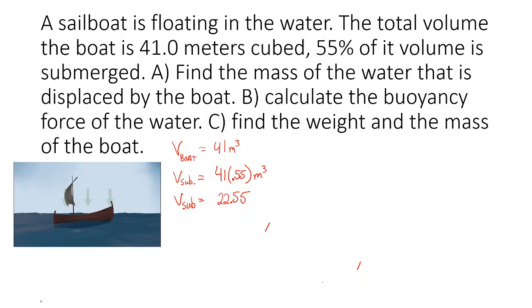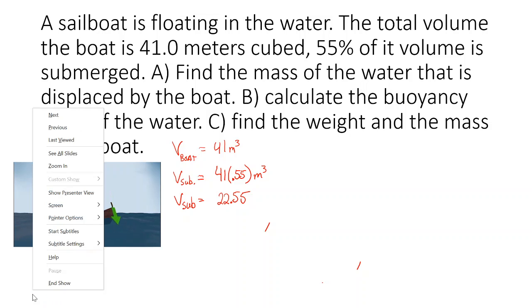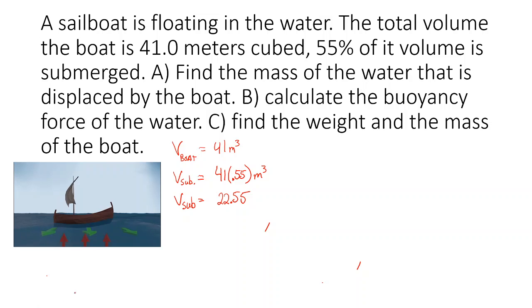So what I'd like to do is find the weight of the water that's displaced. Let's see if we can do that. Let's start with the density of water, which is 1,000 kilograms per meter cubed, and multiply by our 22.55 cubic meters.